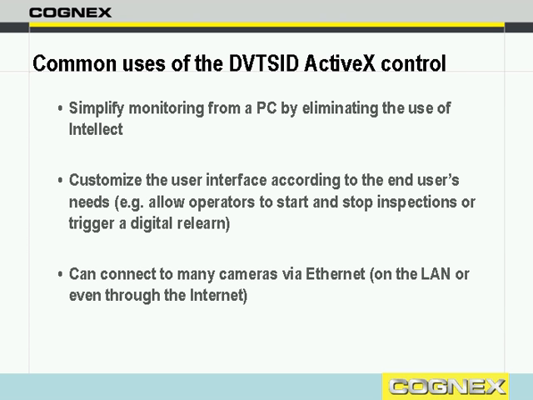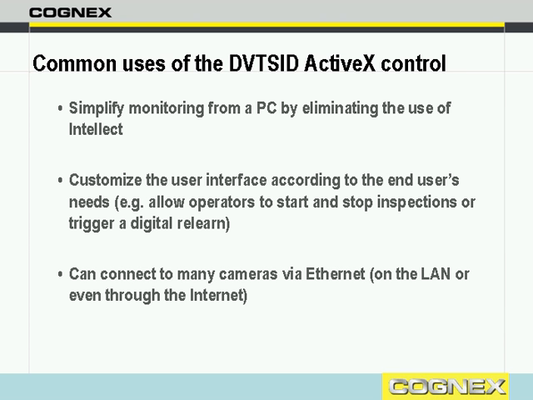Rather than just using Intellect or Framework to simply display images from the camera and display some information as well. You can obviously customize the user interface, and that's an advantage of using ActiveX control versus something like SmartLink. But of course, with SmartLink, you don't have to do any programming. So that's obviously an advantage to the SmartLink method of displaying or monitoring inspections.